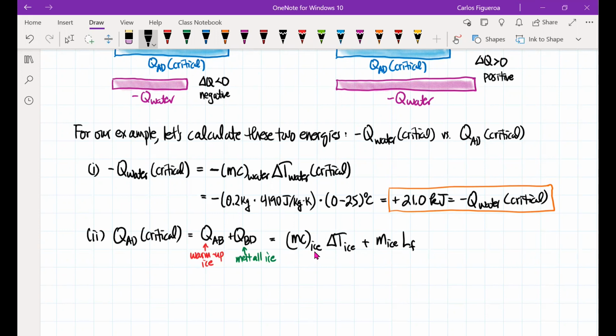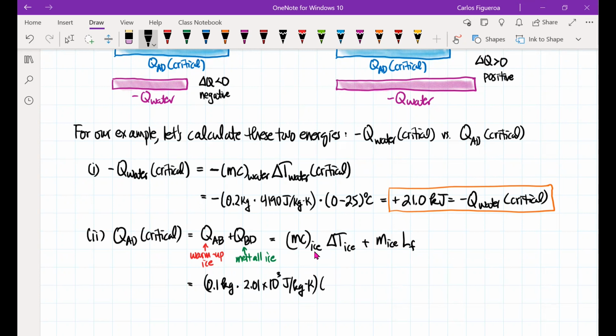If I start putting in my numbers, my numbers now read like this. For the thermal mass, I have 100 grams of ice. Then I have the specific heat of ice, times the temperature change.